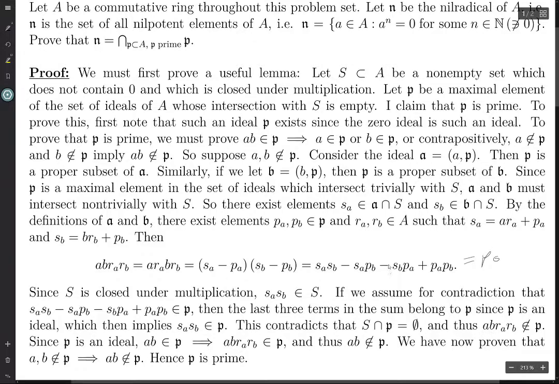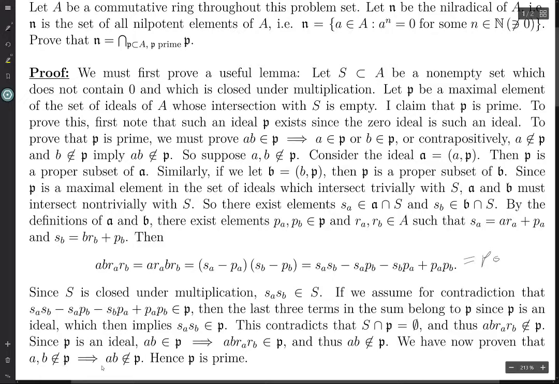Therefore, it cannot be the case that this sum is in P, and therefore this element is not in P. Alright, so this is not in P. Since P is an ideal, if A and B were in P, then multiplying by RA or RB would keep us in P, and since this cannot happen, we have AB is not in P. So that's exactly what we wanted: if A and B are not in P, then A times B is not in P.